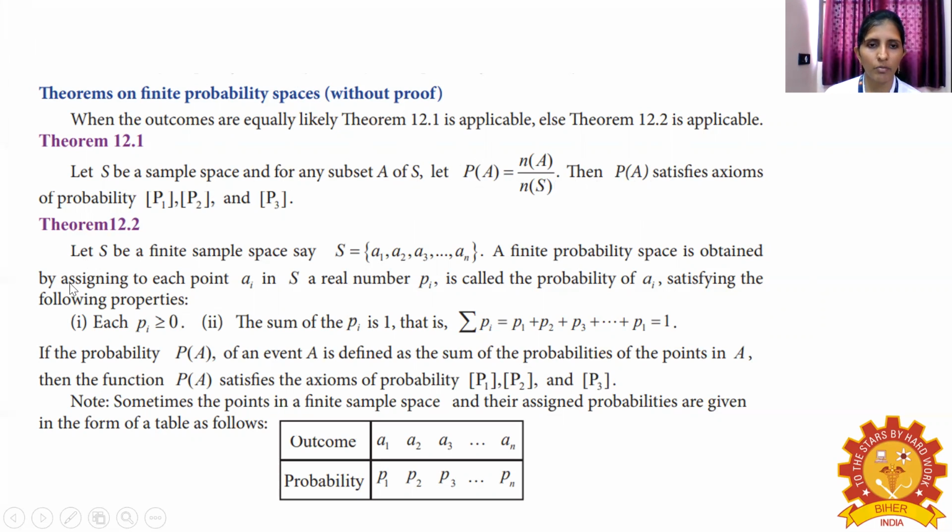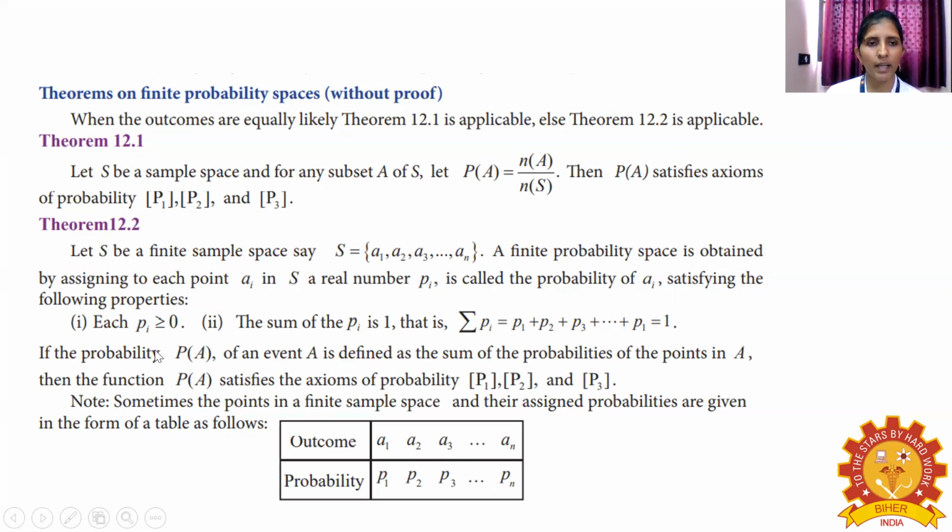The next theorem would be, let S be a finite sample space, say S is equal to A1, A2, A3 to AN. These are the elements in the given sample space. A finite probability space is obtained by assigning to each point AI in S a real number Pi, which is called the probability of AI, satisfying the following properties.